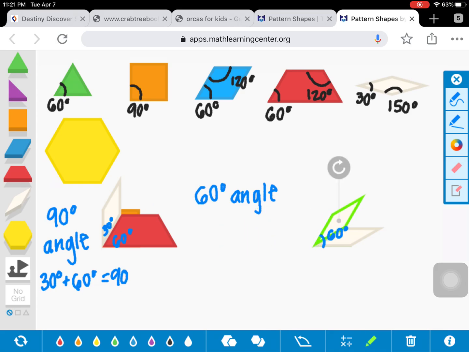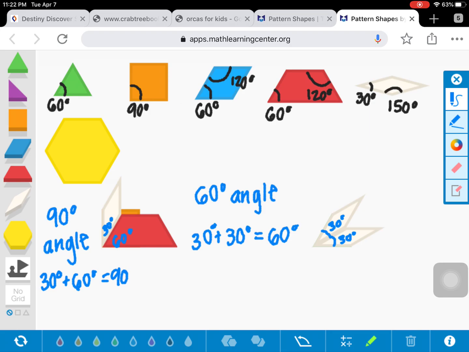And when I put those together, they make a perfect 60-degree angle. I figured that out by doing a 30-degree angle and another 30-degree angle, because I know 30 degrees plus 30 degrees equals 60 degrees. And that's going to create a 60-degree angle for me.